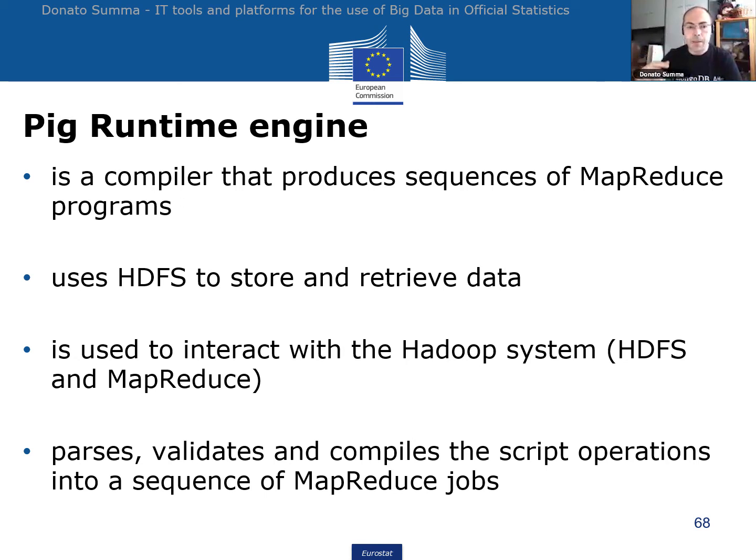And it's used to interact with the Hadoop system. So basically, the Pig runtime engine parses, validates, and compiles the script operations written in Pig Latin script language into a sequence of MapReduce jobs.